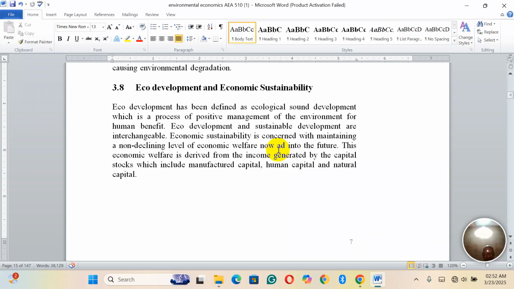So eco-development and sustainable development are interchangeable. Economic sustainability is concerned with maintaining a non-declining level of economic welfare now and into the future. This economic welfare is derived from the income generated by the capital stock, which includes manufacturing capital, human capital, and natural capital.